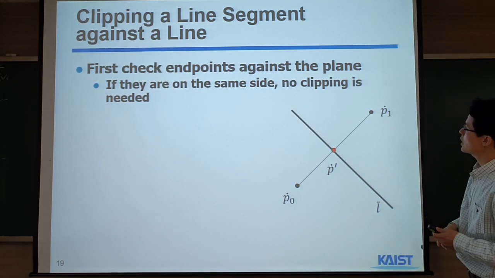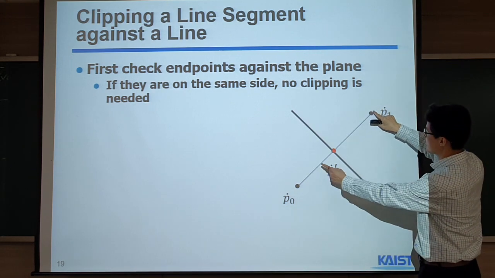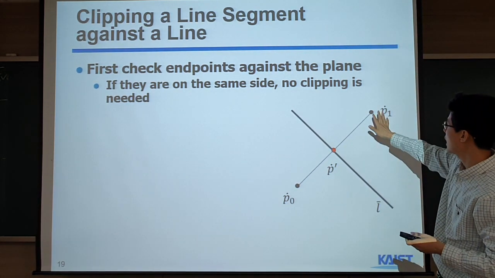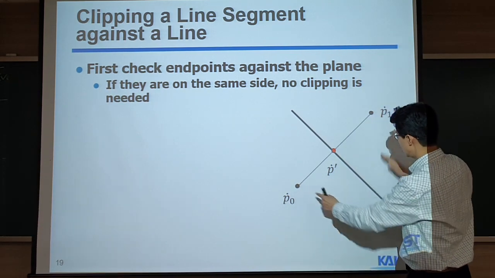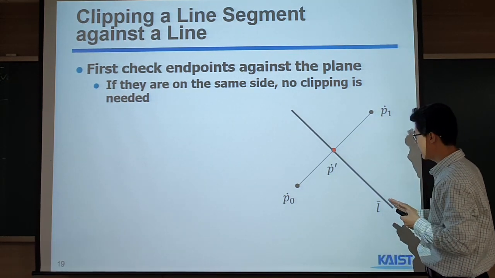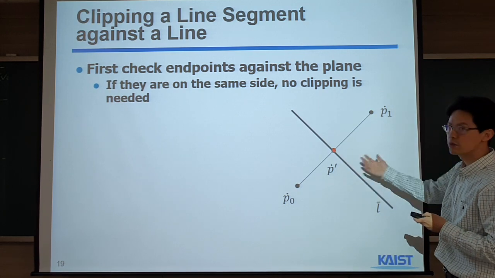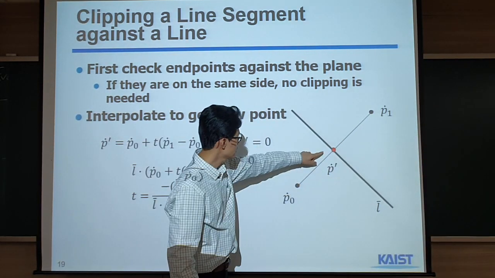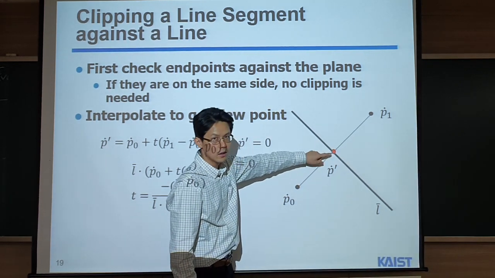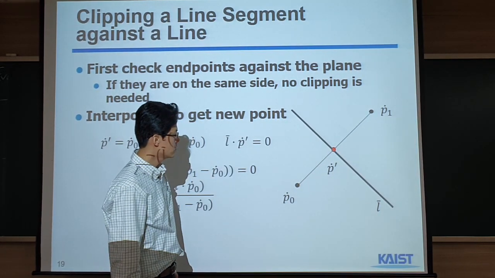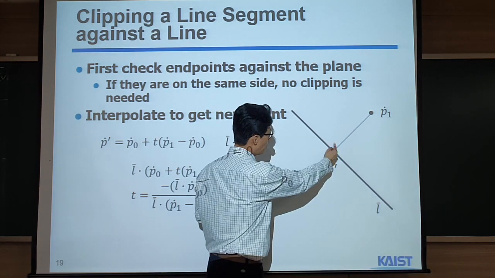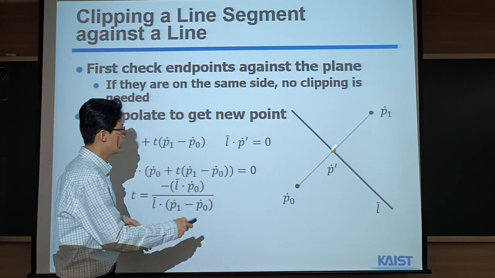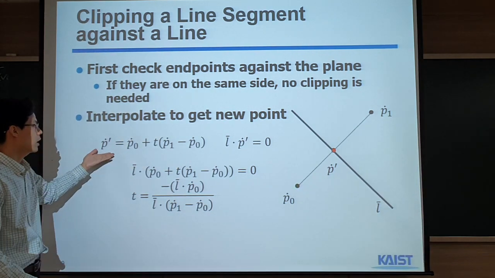First of all, you need to check whether the two endpoints of the edge are totally outside or inside, right? In that case we don't need to do the clipping. But now this clipping line straddles this edge, so we need to do the clipping. You need to identify this P prime. To compute this intersection point, you parameterize any point on this line with the parameter t.